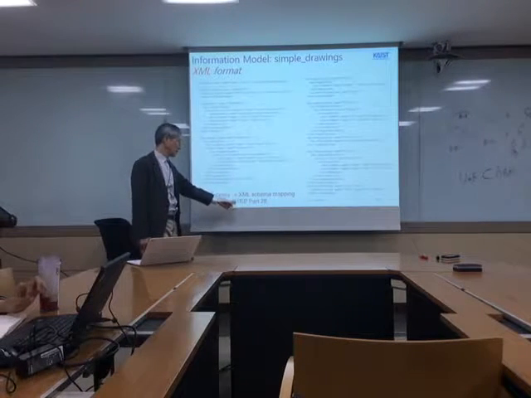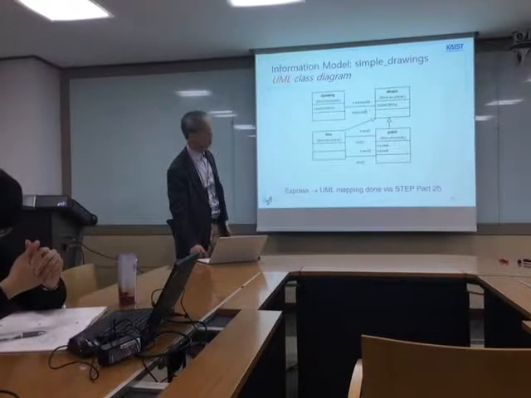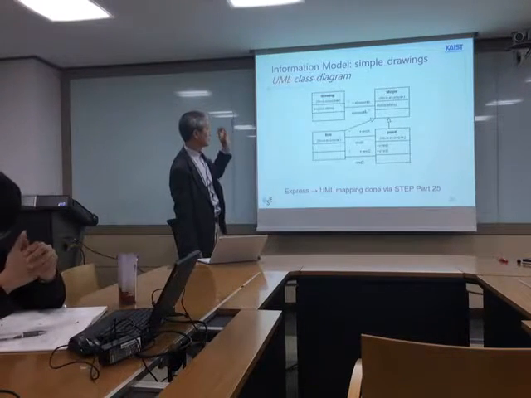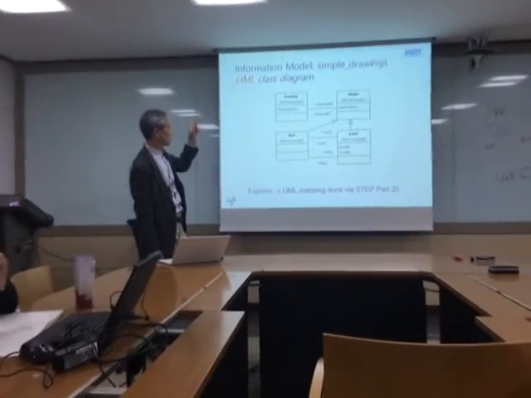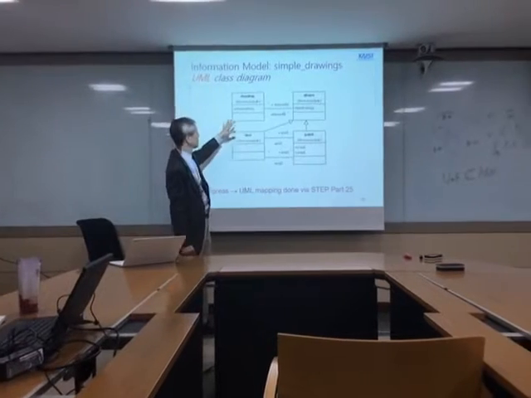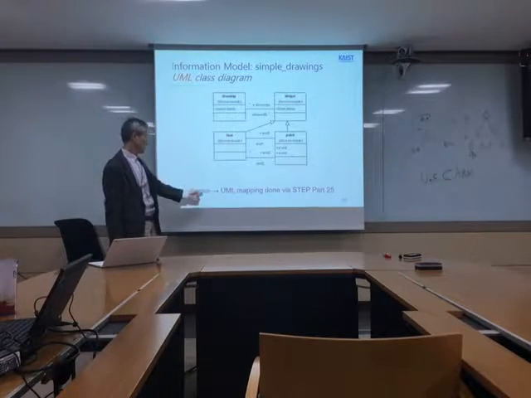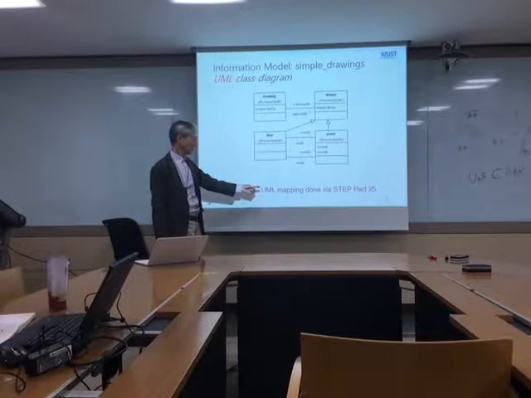It is Part 28 of the STEP standard. And also the simple drawing object and class hierarchy is given by UML diagrams. There is an EXPRESS to UML mapping in STEP Part 25.